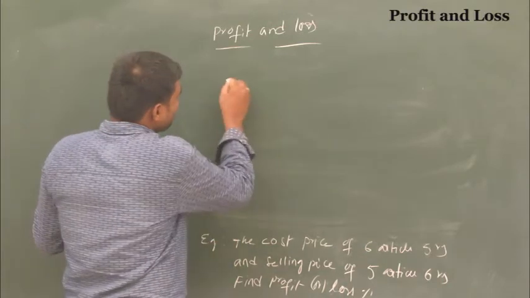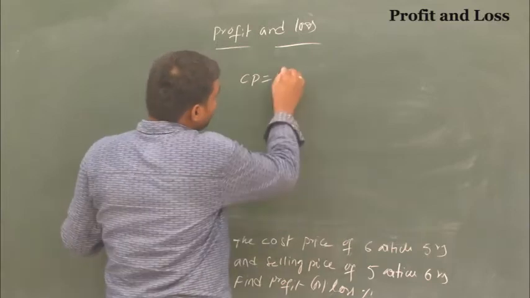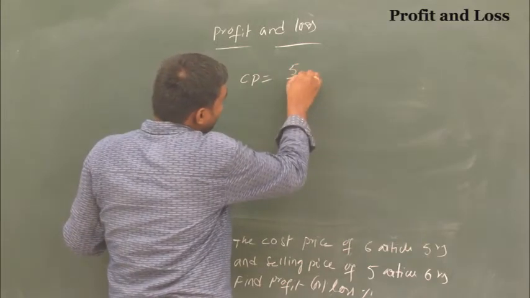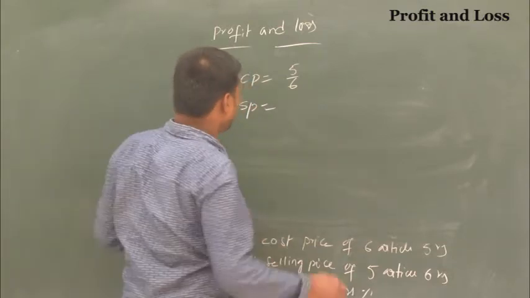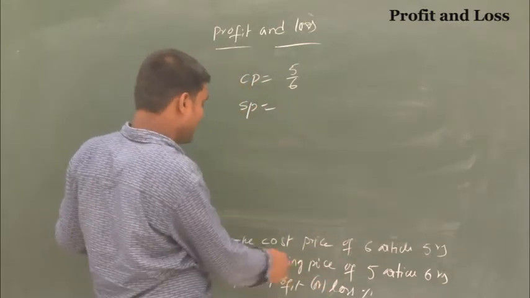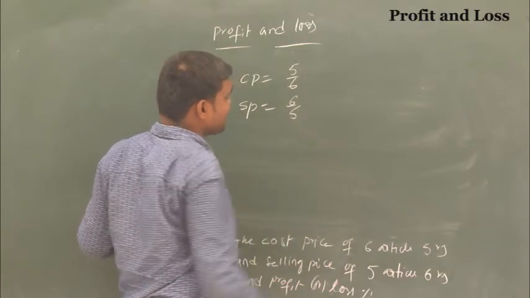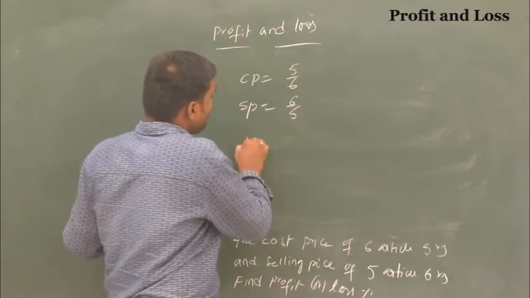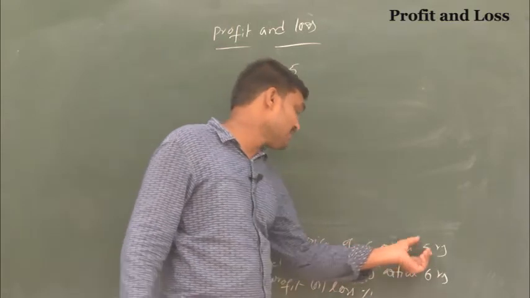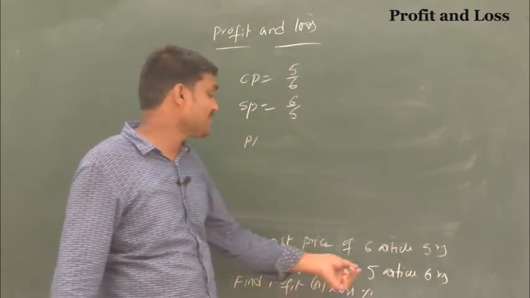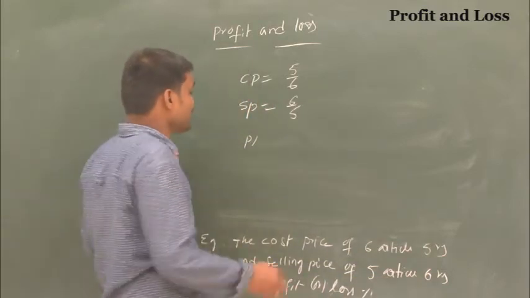So the cost price is 5 by 6, and the selling price is 6 by 5, because he purchased 6 articles for 5 rupees, but sells 5 articles for 6 rupees. That's why it is a profit percent.